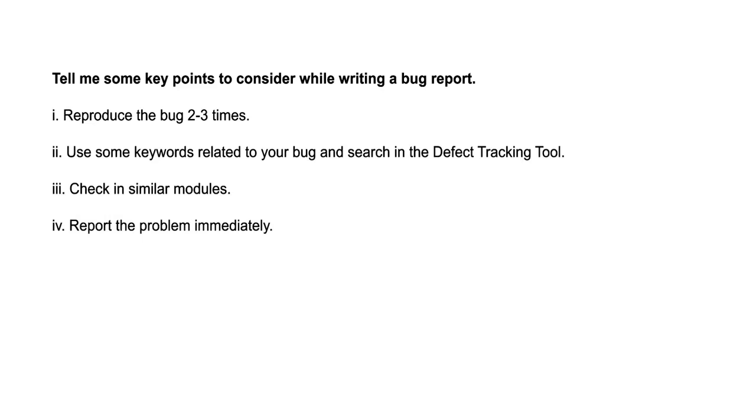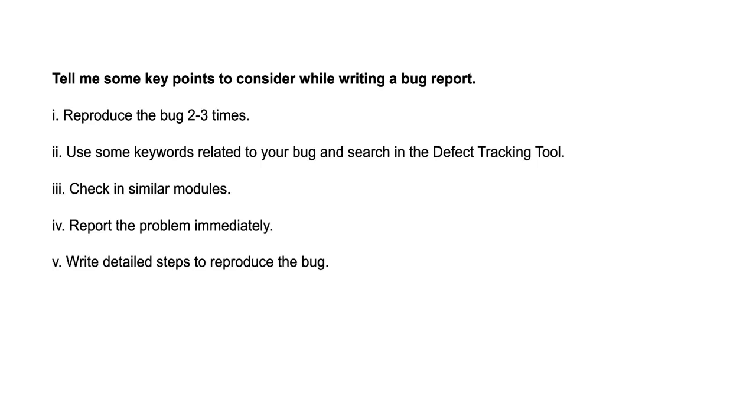Report the problem immediately. As soon as you find it, you refer to a few of the things, and then you finally conclude that yes, this is a defect, then report that defect immediately. Write detailed steps to reproduce the bug. This is where most testers fail. Why?